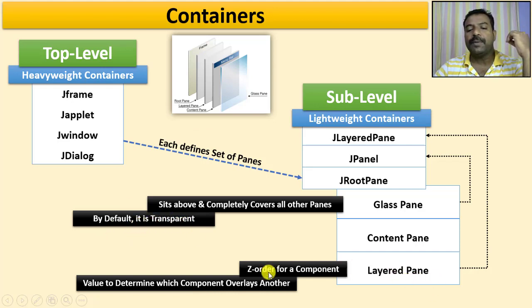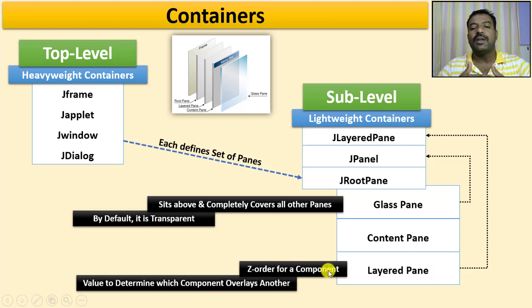Now this layered pane is used for the Z order of the components. So to check which component is at the front, which component is at the background, and which component is overlaying another component or not, we are going to have the layered pane, which will give me the Z order for a component.